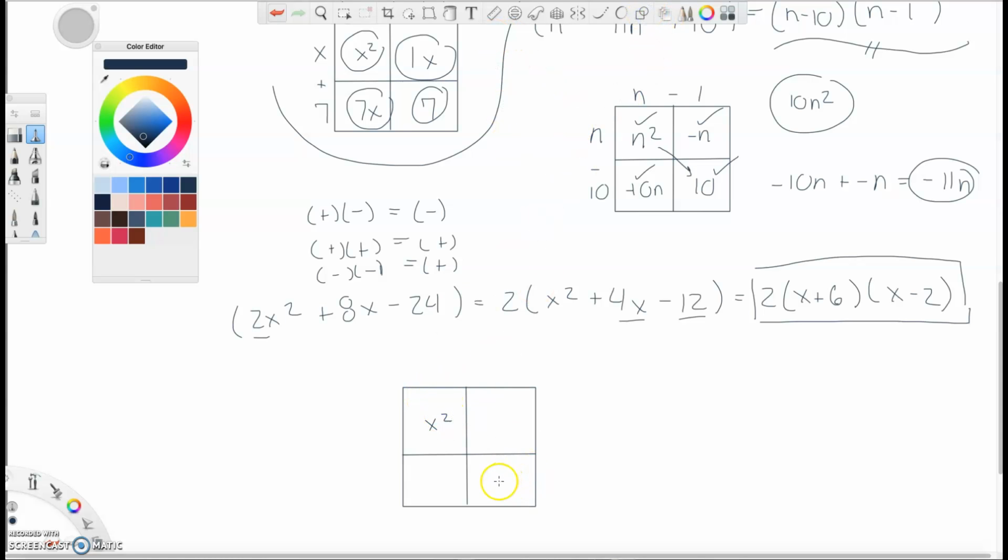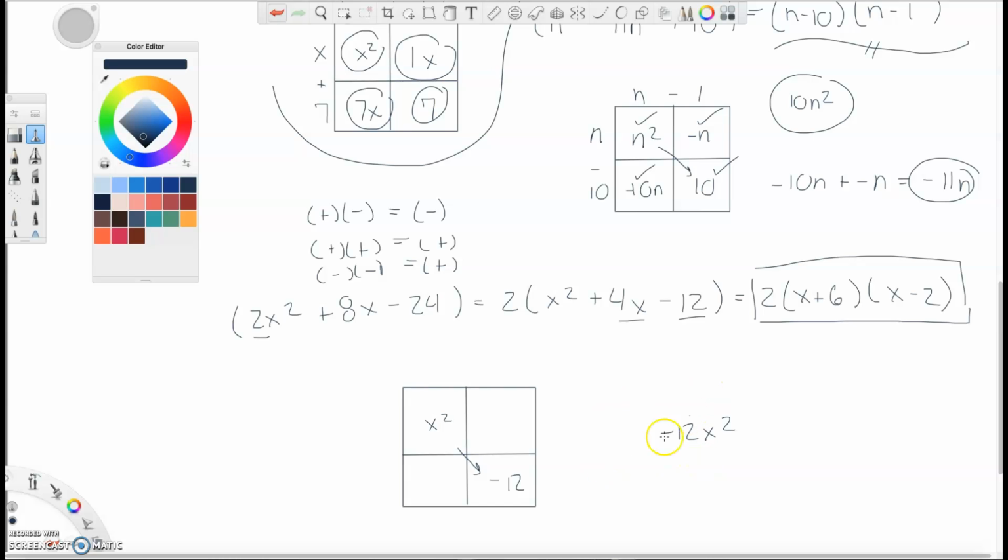In this box down here, I'm going to put negative 12. And then I'm going to multiply them together. x squared times negative 12 gives me negative 12x squared. And I'm looking for two factors that multiply to give me negative 12x squared and add to give me positive 4x.